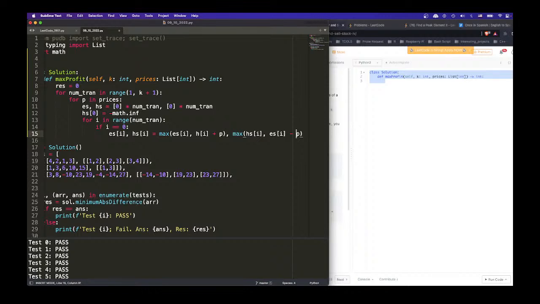E1 that we're talking about is H0 goes into it. Because this is deterministic, ES0 is not going to change because HS0 we set to minus infinity. So this is not going to change.